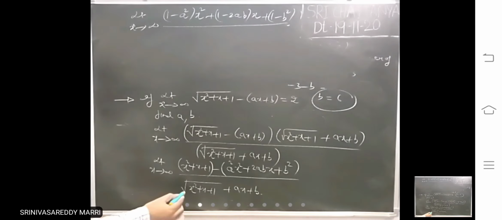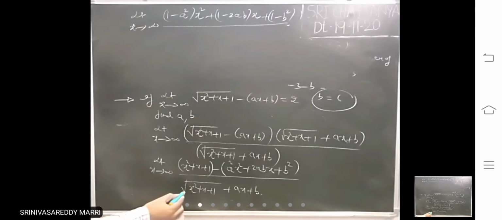That means a is what? Plus or minus 1. So this term is 0. From here you take x common, and we will evaluate the limit, divided by x into root of this.